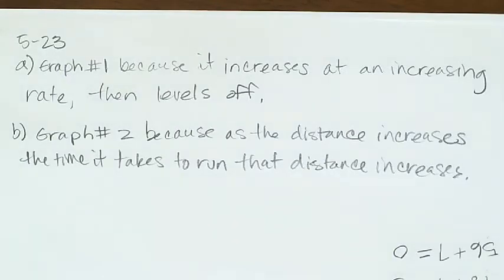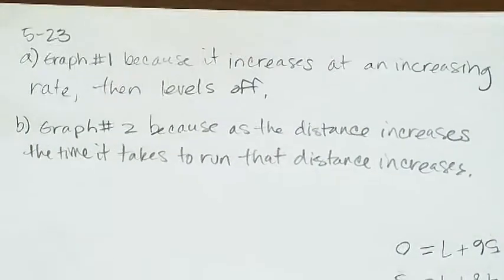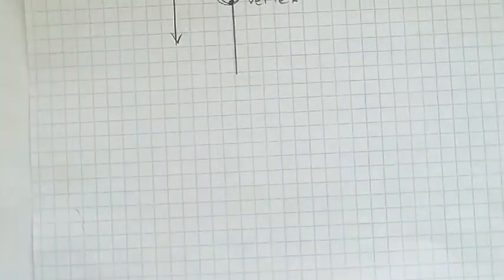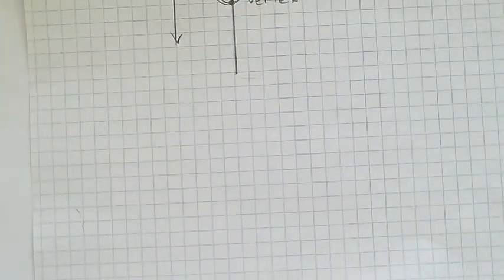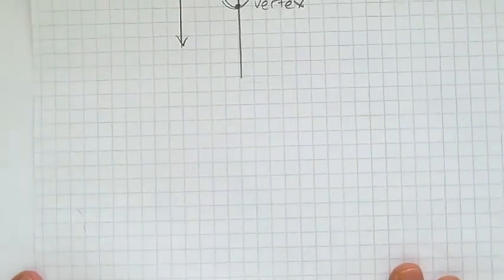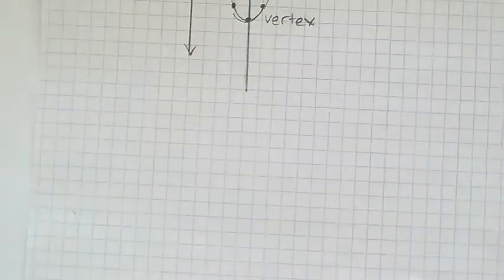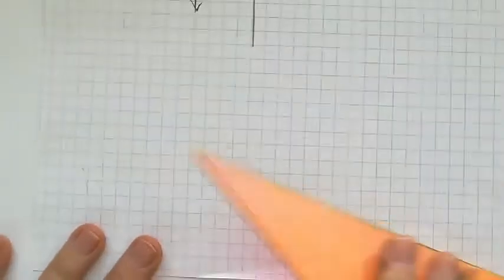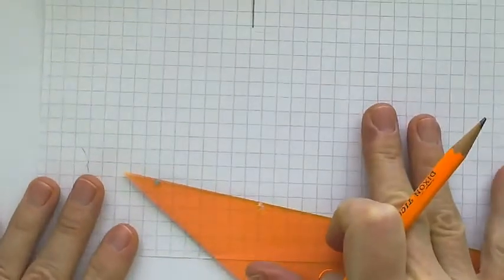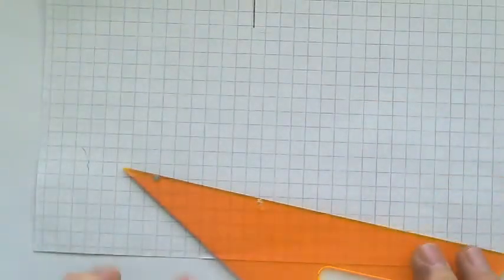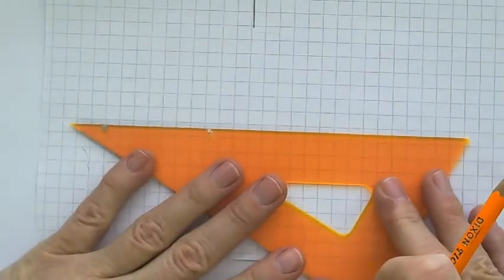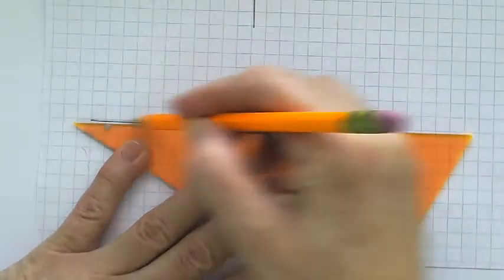Okay, 524 is going to require some graph paper. Oh, there's my pencil. Okay, for 524, let's do our X and Y axis towards the bottom of that sheet of graph paper.